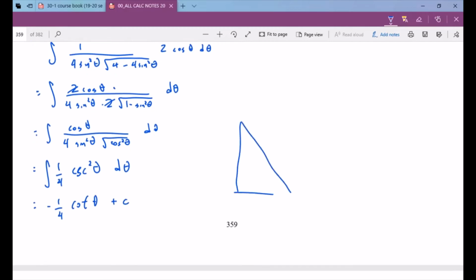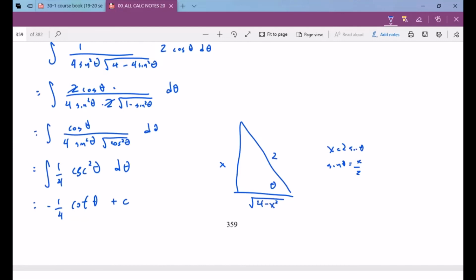Let's maybe draw this triangle with theta here just to get our head around what we had. We had x equal to 2 sine theta, so therefore sine theta is equal to x over 2, which means this is x, which means this is 2, which means by the Pythagorean theorem, this is the square root of 4 minus x squared.